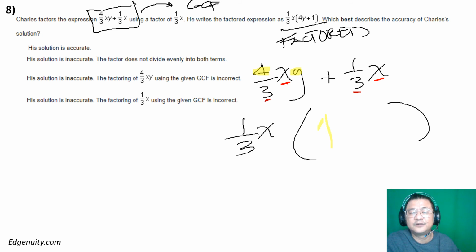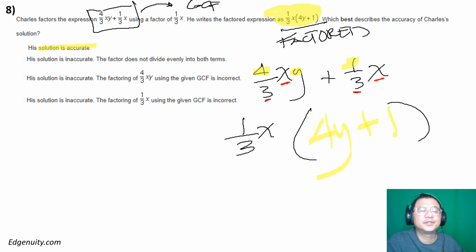So let's write down 4y. How about here? What's remaining? It's going to be 1. All right? So plus 1. So the factors would be, yeah, it's correct. Exactly the same. So his solution is accurate.